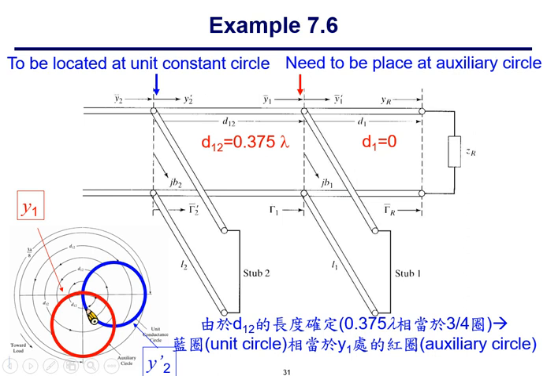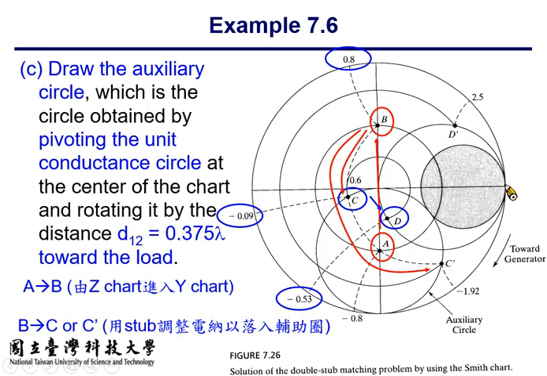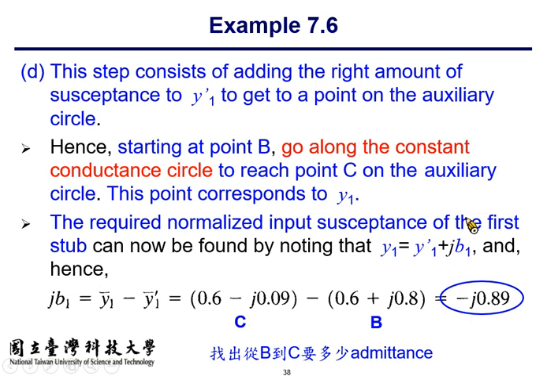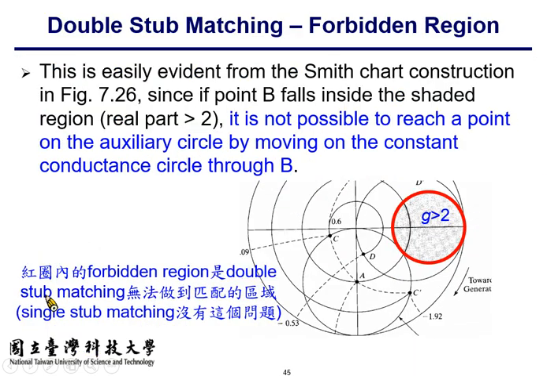If G is greater than 2, it will have no intersection with the auxiliary circle, so you will have no answer. This region, with G greater than 2, is referred to as the forbidden region.